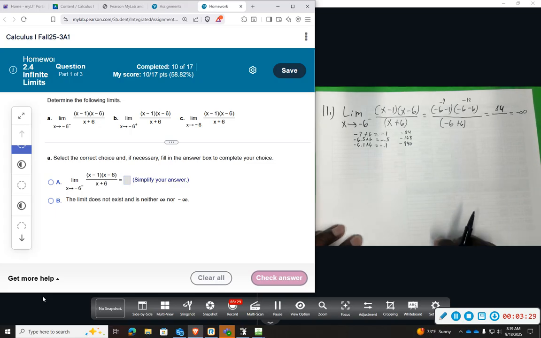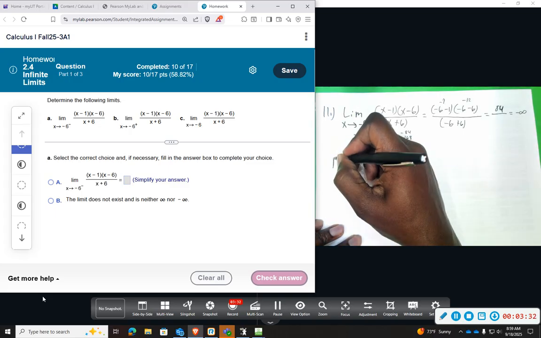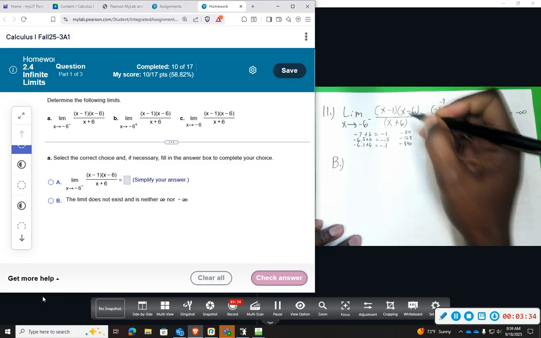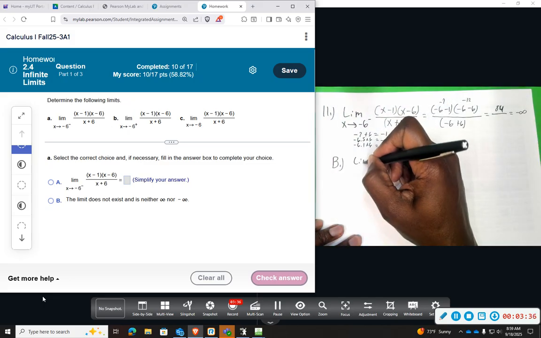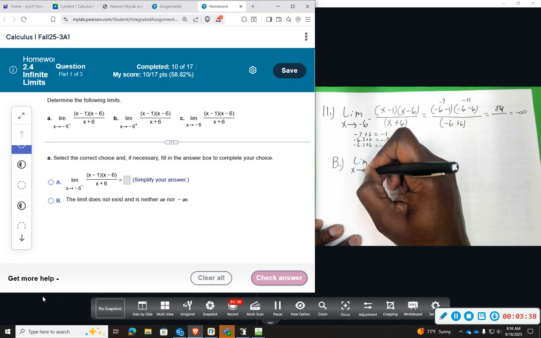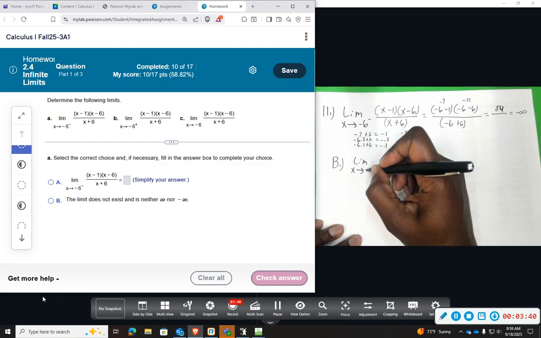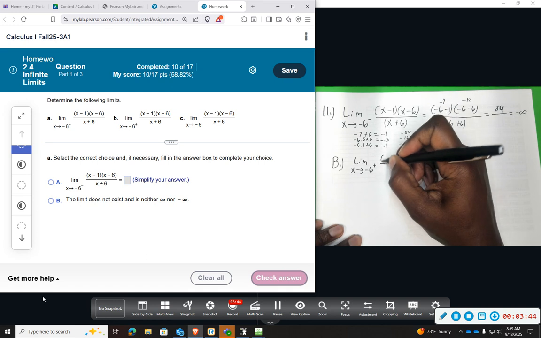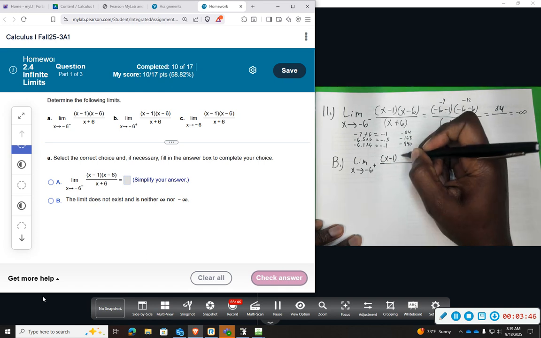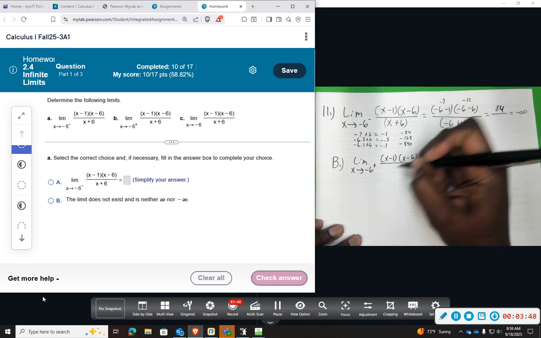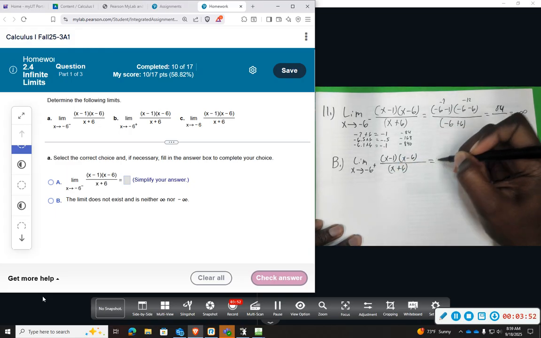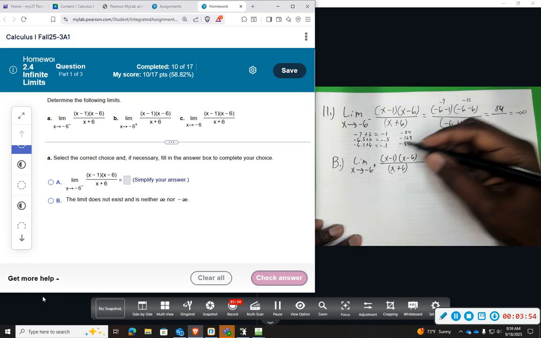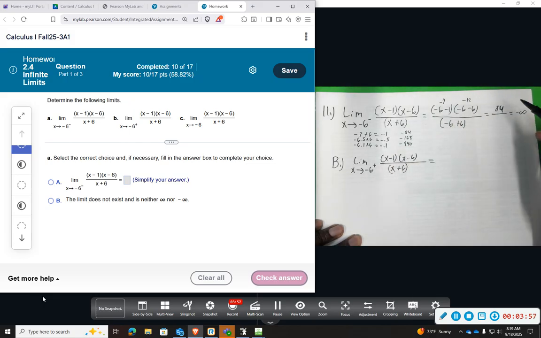Okay. And then when we do part B, we're doing the same function. This time we're approaching -6 from the right. Now I already know the top, when I do direct substitution, is still going toward 84.